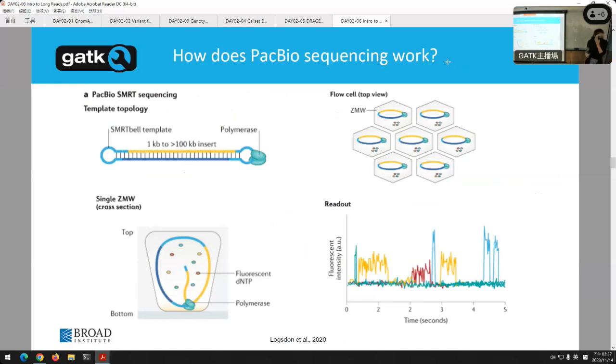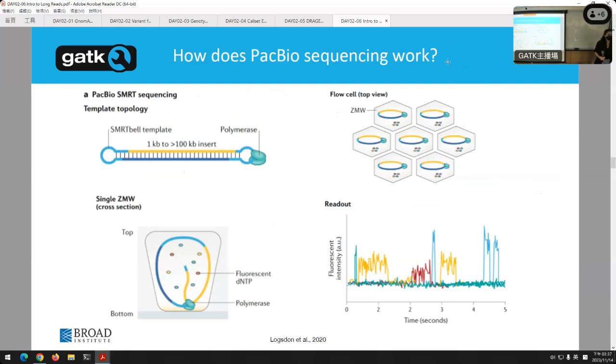So once we have our longer DNA fragments, we attach a hairpin adapter to either end. So it has like a little open loop on either end. And that's where we attach the DNA polymerase. So as the DNA polymerase moves along the DNA strand, it actually creates this circular molecule of DNA.